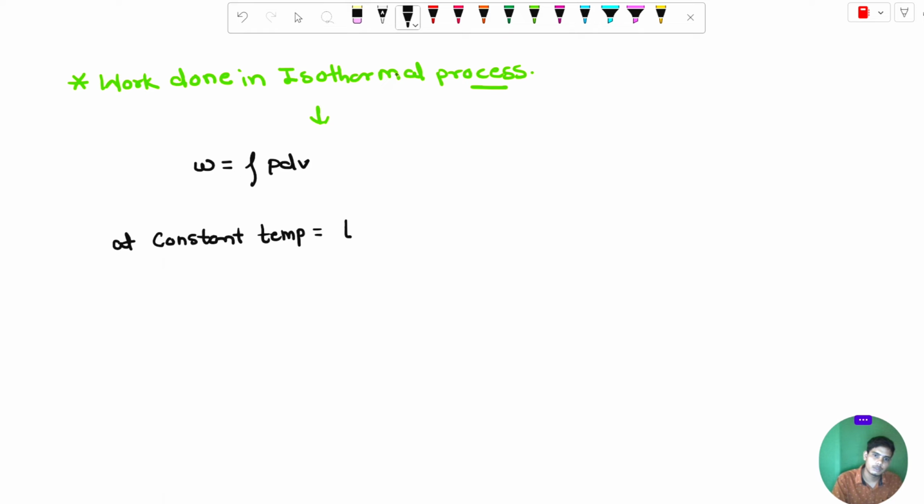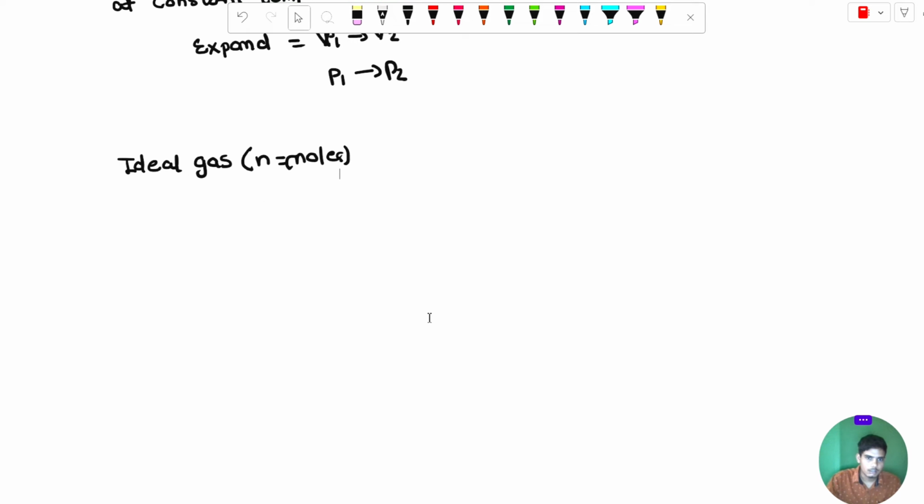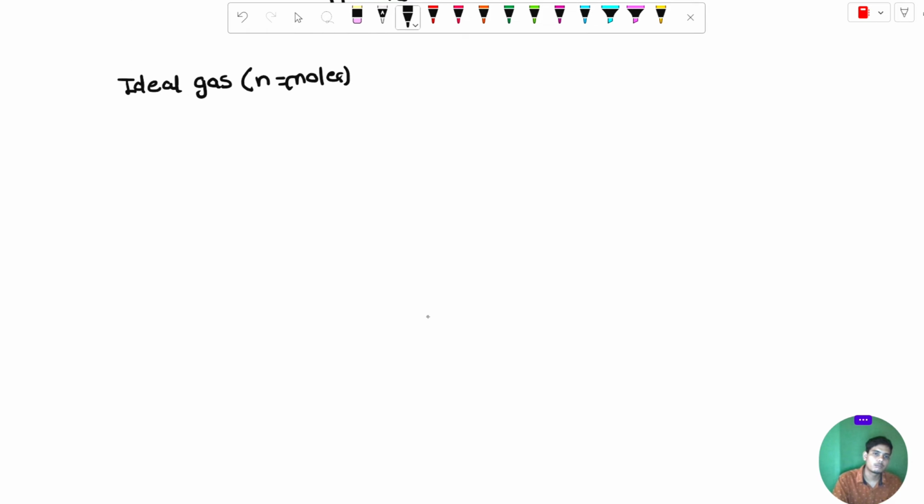And if the ideal gas is expanded, then V1 changes to V2, and P1 changes to P2. Now for an ideal gas of n moles, it should be 1 mole, 2 moles, according to your need. You can write down the number of moles.